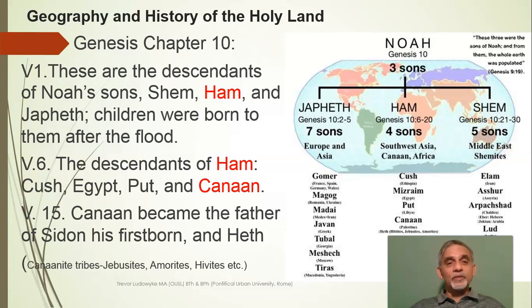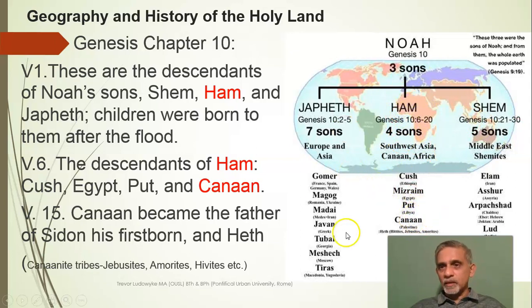Now the descendants of Ham are Cush, Egypt, Put, and Canaan. Canaan was one of the sons of Ham, so one of the grandsons of Noah. Canaan became the father of Sidon, his firstborn, and Heth. So the Canaanite tribes, such as the Jebusites, the Amorites, and the Hivites, came from this stock of Ham, and from Canaan actually.